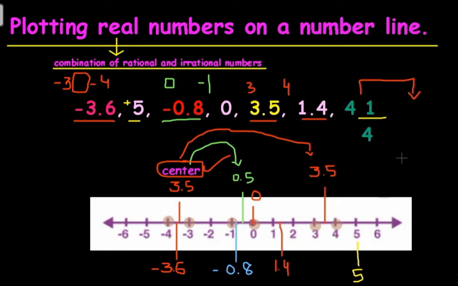The very first thing I need to do with this mixed fraction is convert it into an improper fraction. 4 times 4 is 16 plus 1 is 17. So the improper fraction is going to be 17 upon 4, or 17/4. Now I'm going to divide this, and I hope you know how to divide it.